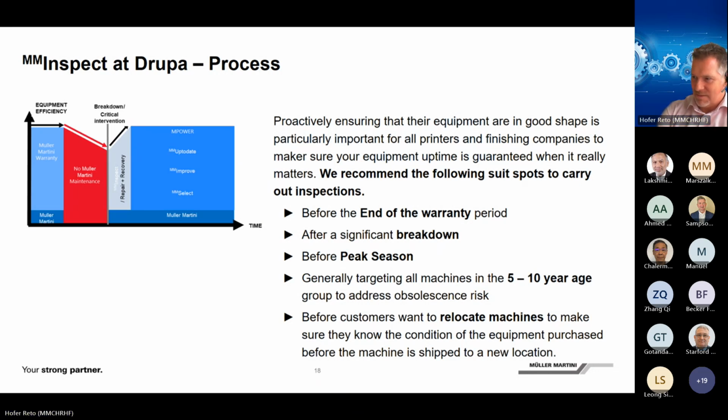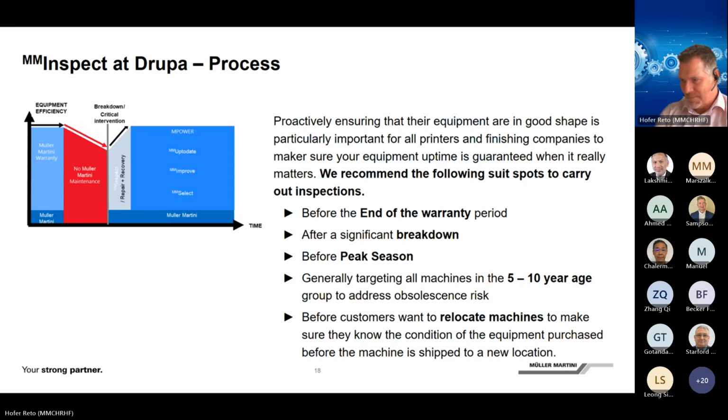However, the worst case scenario you really want to avoid is having a significant breakdown again. So looking back and analyzing why this happened is, in my opinion, an absolute key aspect of any significant breakdown where you had really significant downtime on a machine.